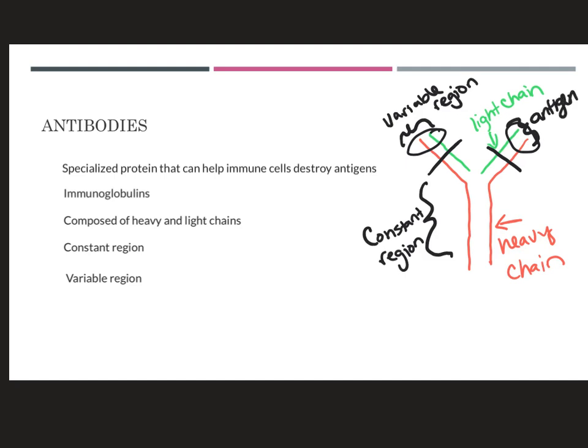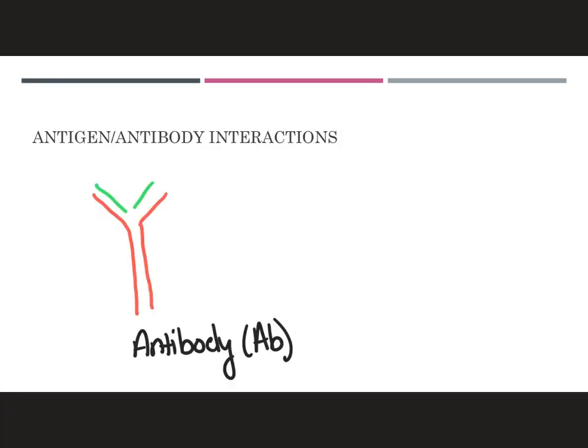So it's very important that this variable region is variable so that different kinds of antigens can bind to this area, and that will allow antibodies to recognize different antigen. This idea is very complex, and I will focus more in depth on this as we get into different videos.